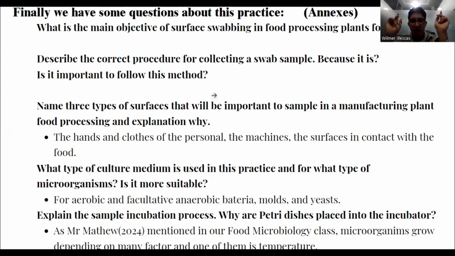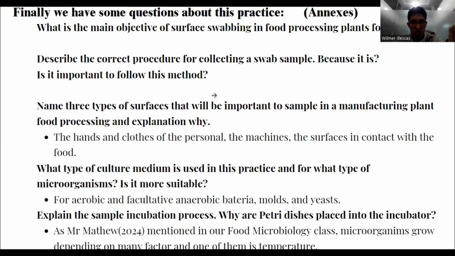And if you are wondering why yeast, molds, and bacteria can grow at the same time there, for that explanation we have the last question, which is: explain the sample incubation process. Why are Petri dishes placed into the incubator? The thing is that if we don't put them in the incubator, the organisms in the Petri dishes are not going to grow well, because we need some rising temperature, like between 30 to 40 degrees Celsius, so that they can grow faster.